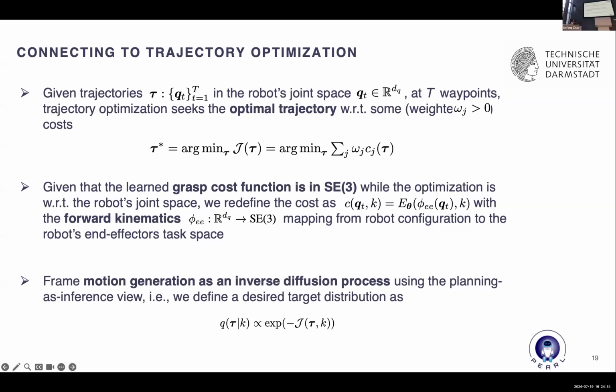So as I said, now we can frame motion generation as an inverse diffusion process using stochastic Langevin dynamics. And with this planning as inference view, we can actually compute our posterior, which is the trajectory that we want to solve.